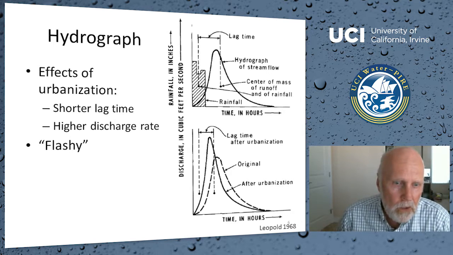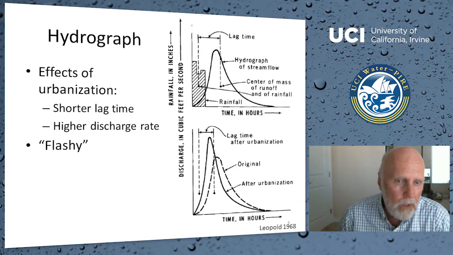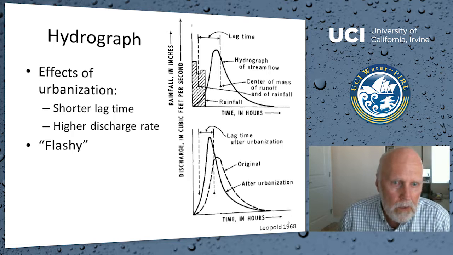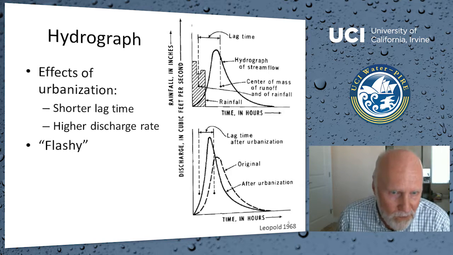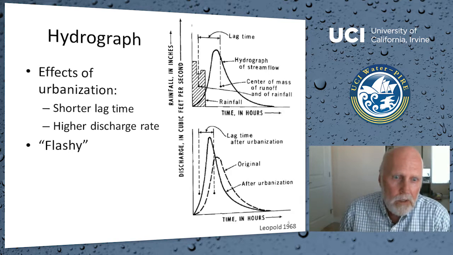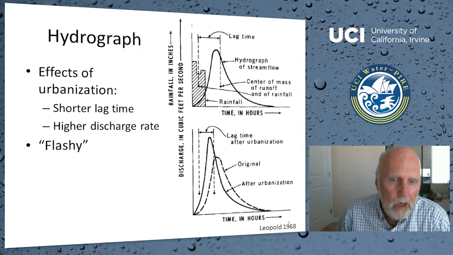After urbanization, in the bottom panel, you see a much shorter lag time because the rain moves much more quickly into the streams, and it's also a much higher peak because much more gets into the stream rather than being absorbed or infiltrated, and then it drops off quickly too. So that's what we mean when we talk about a flashy hydrograph.